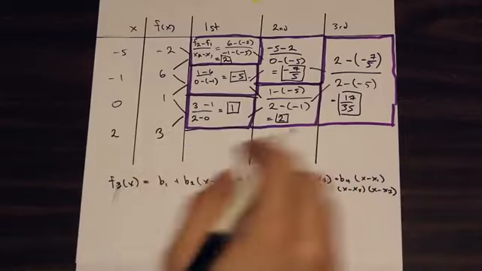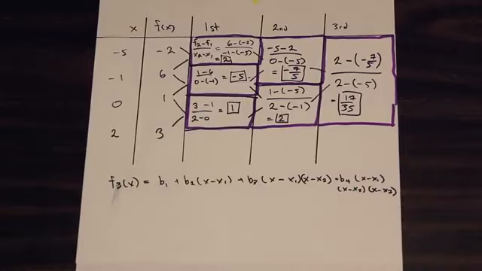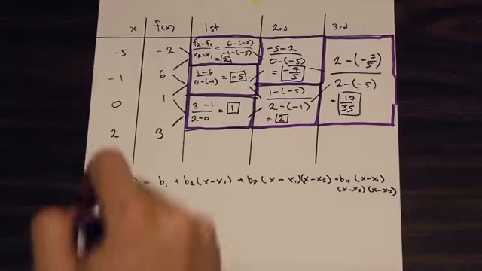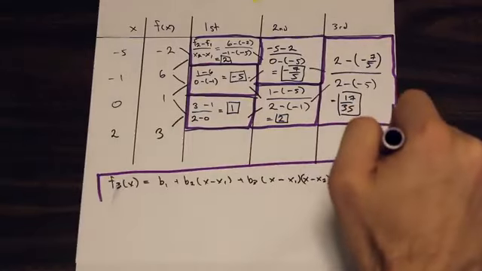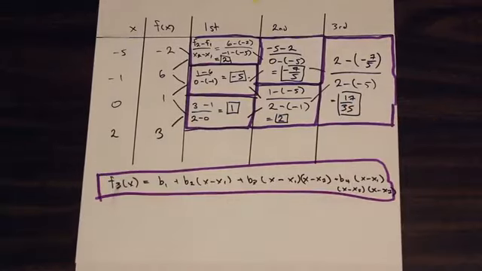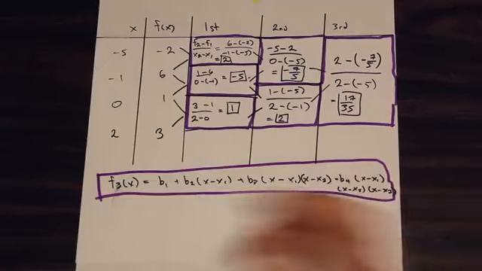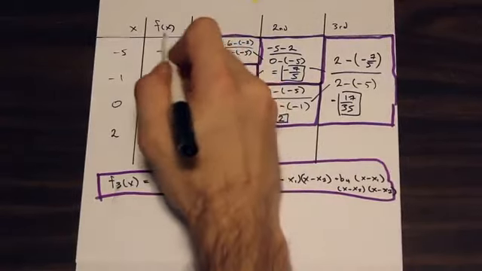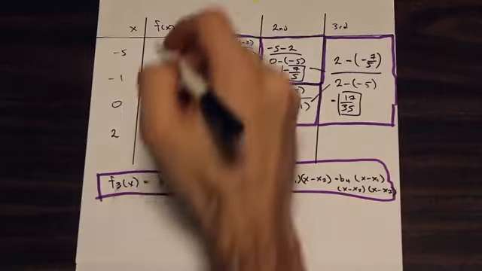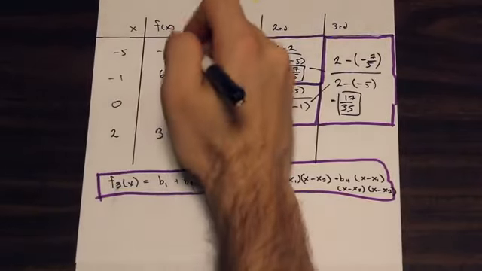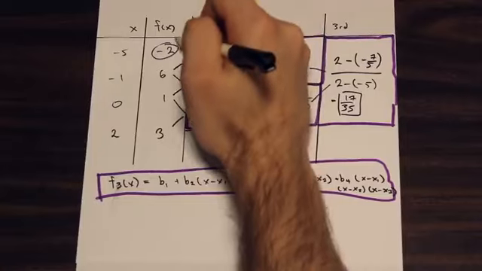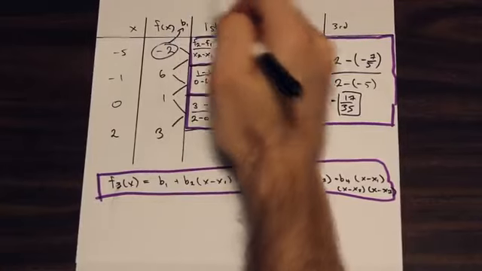Okay, cool. So that's the formula that we're going to need to use our divided difference table to fill in. And what is b1, b2, b3, and b4? So b1 is here. This is the first f of x value, so this is equal to b1.